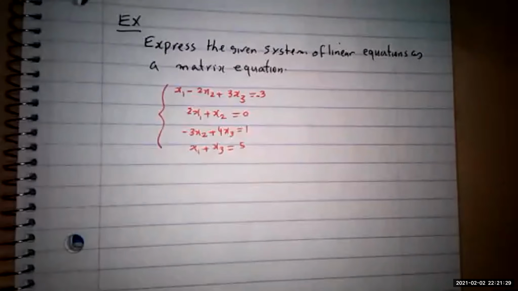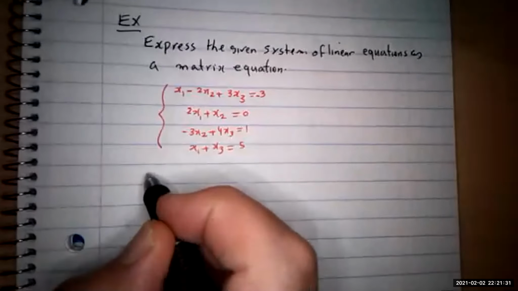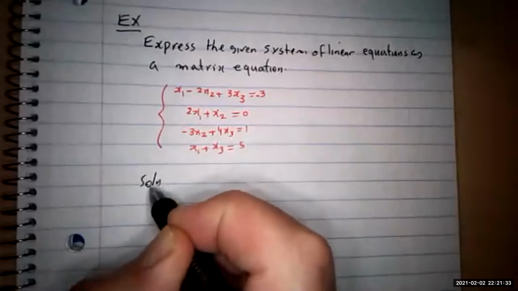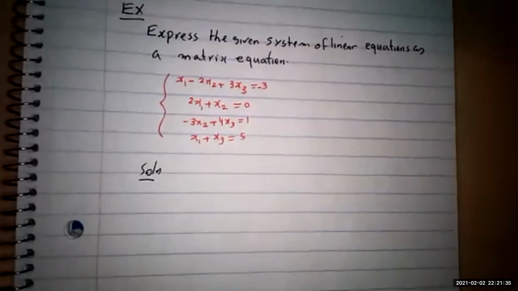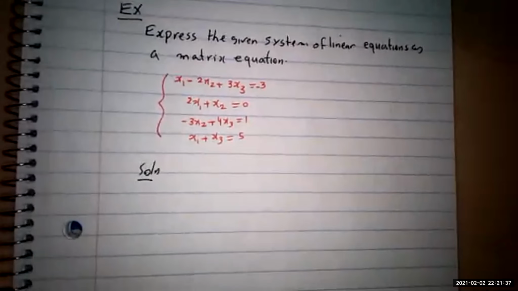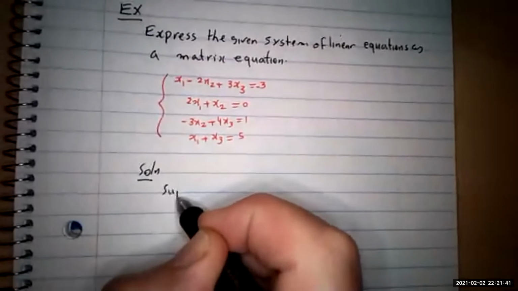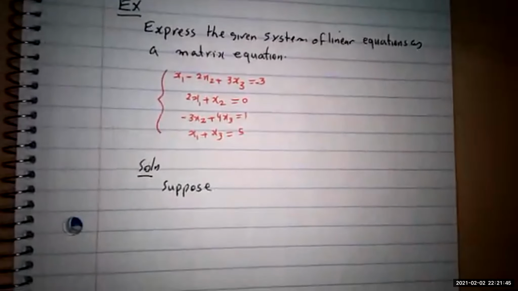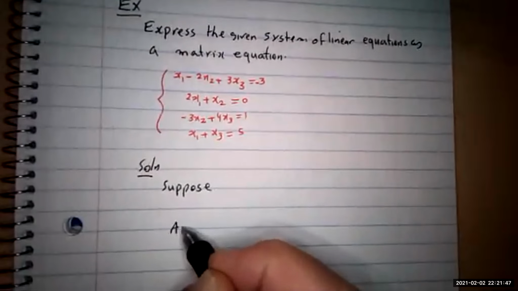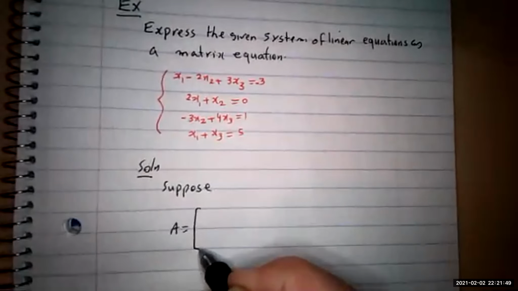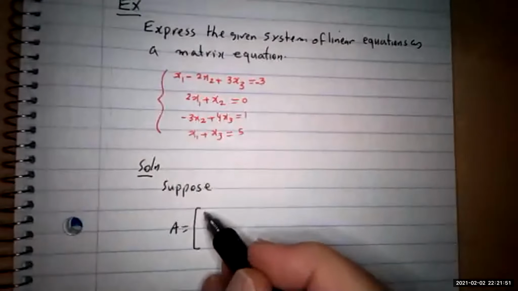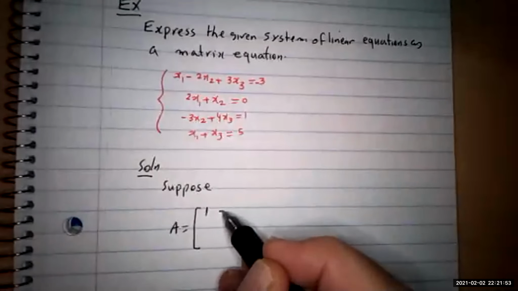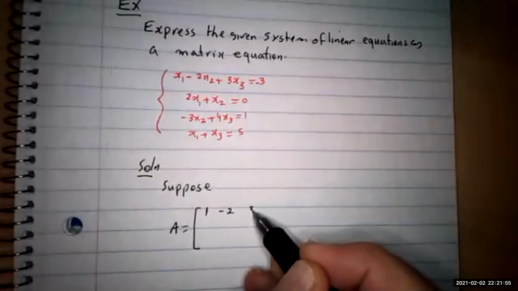Just identify your matrices. This is going to be the solution. You introduce the matrix of the coefficients. It's going to be 3 by 3: 1, negative 2, 3.